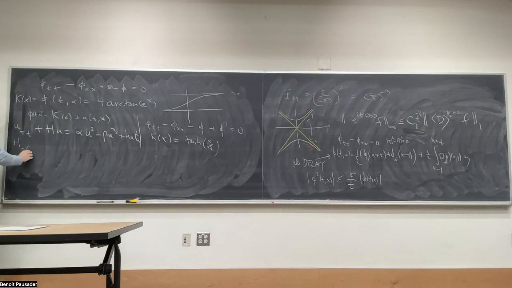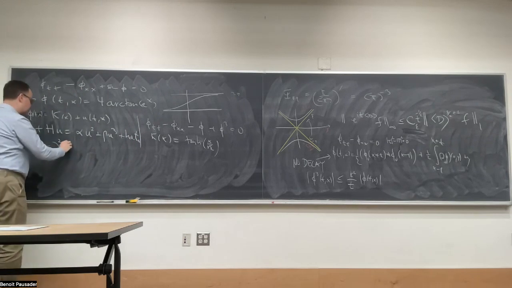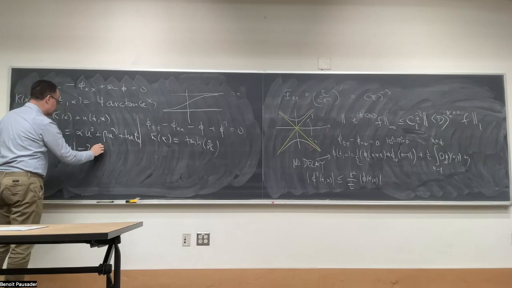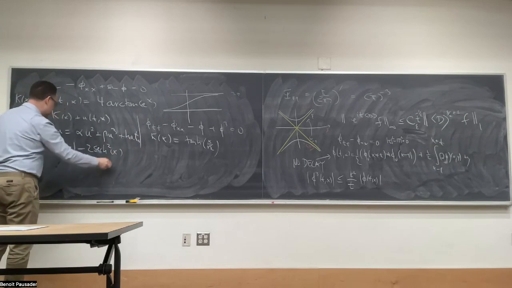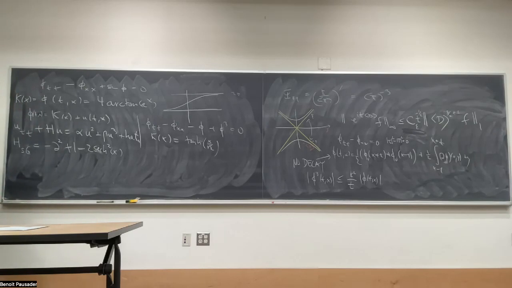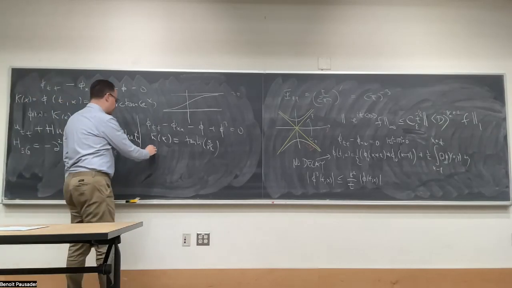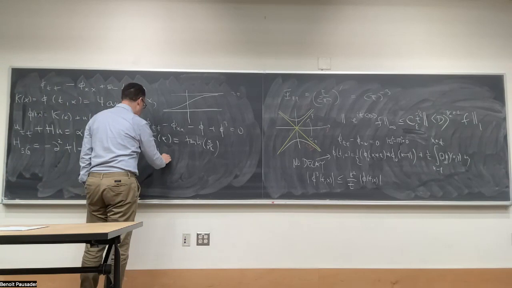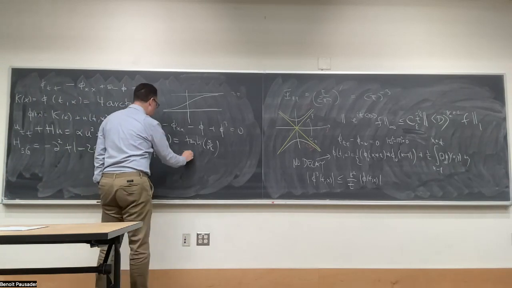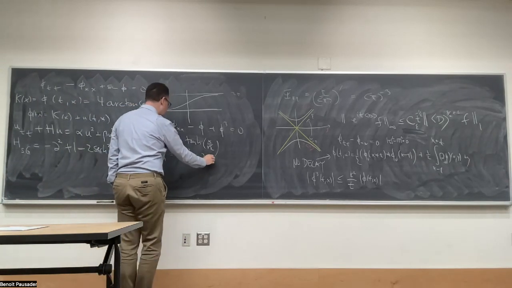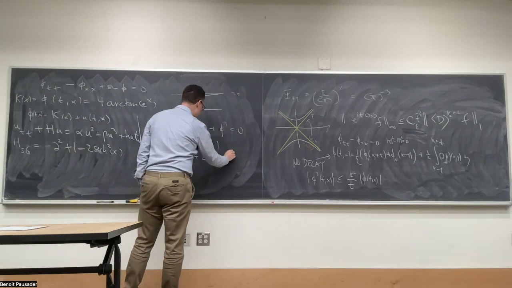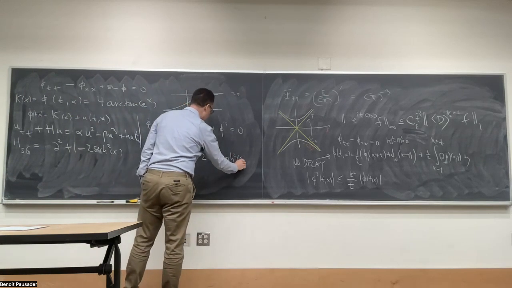H for sine-Gordon is minus del squared plus 1 minus 2 sech squared x. And just for the sake of completeness, H for phi 4 is another Schrödinger operator. As far as I remember, it looks like this. It's also sech squared.